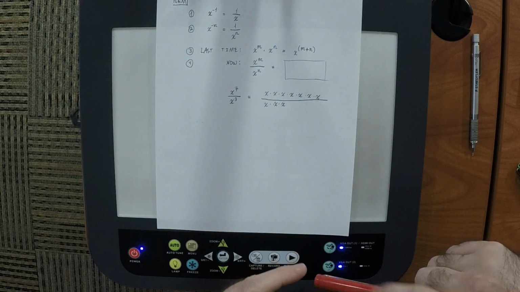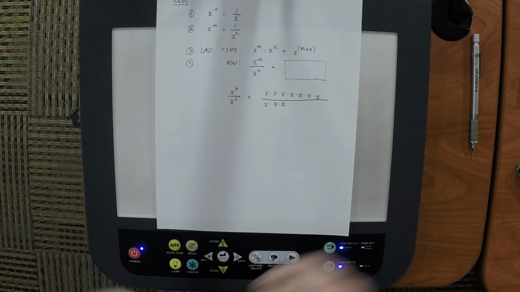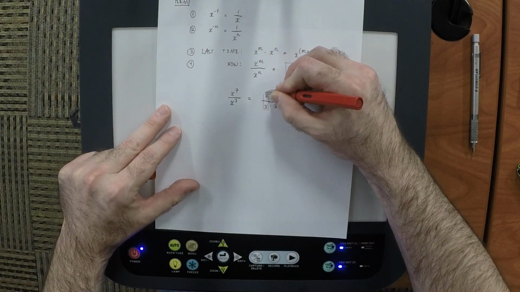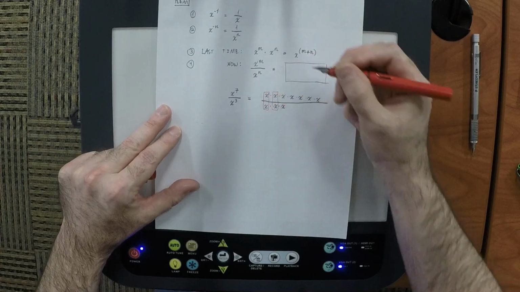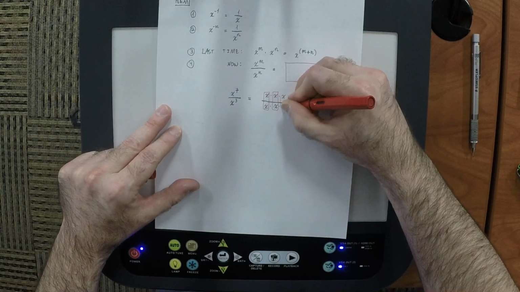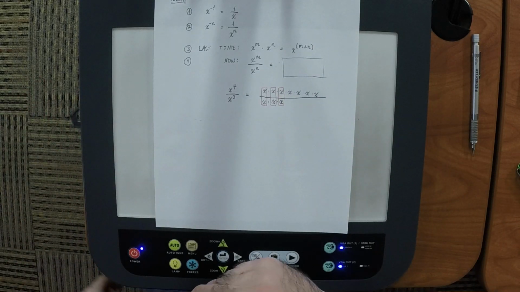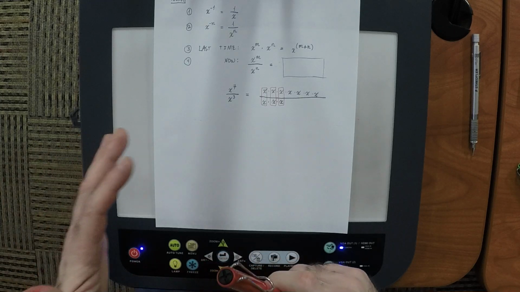Looking at it like this, you can see, oh hey, I've seen this kind of thing before. There'll be some cancellation. You can pair up some stuff, and those cancel, so those are gone, and then these cancel, and then this pair cancels, and now I've run out of x's in the denominator, so I can't continue this procedure any further.